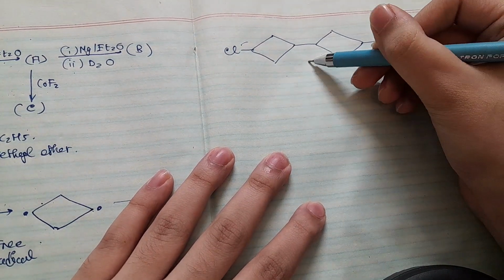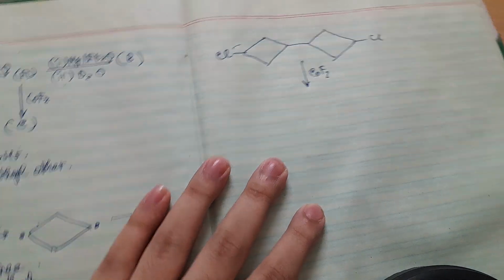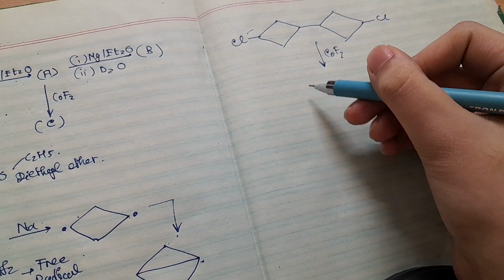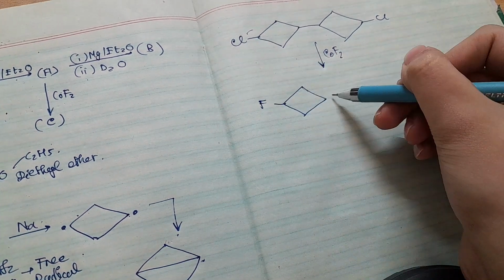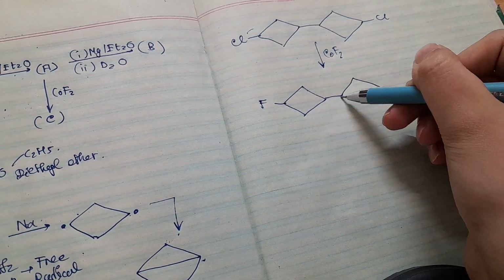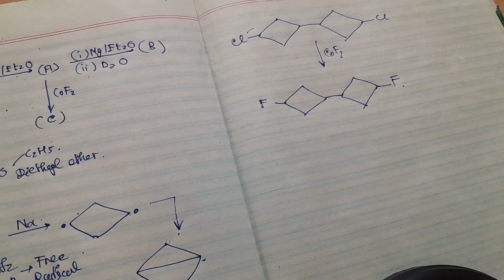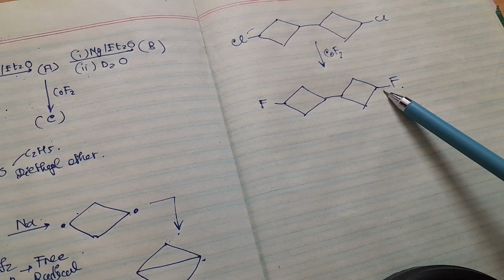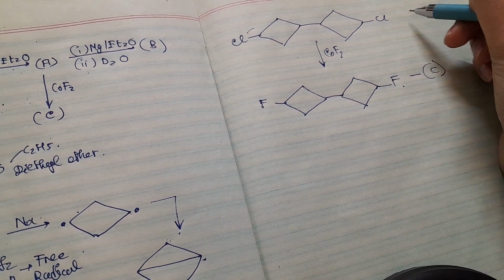Now this will undergo the Swarts reaction with COF2, and we know that in the Swarts reaction, the chlorine atoms will be replaced by fluorine atoms. So the chlorine atoms have been replaced by the fluorine atoms. So this is the product C and this is the product A.